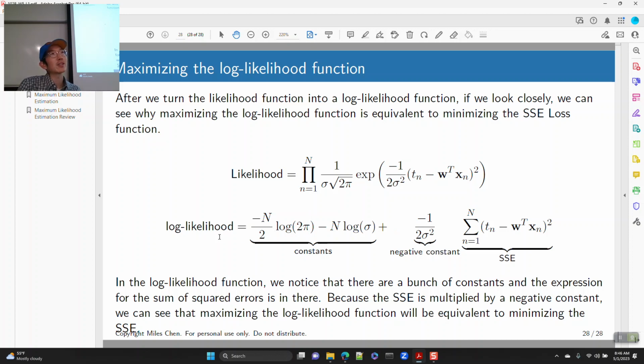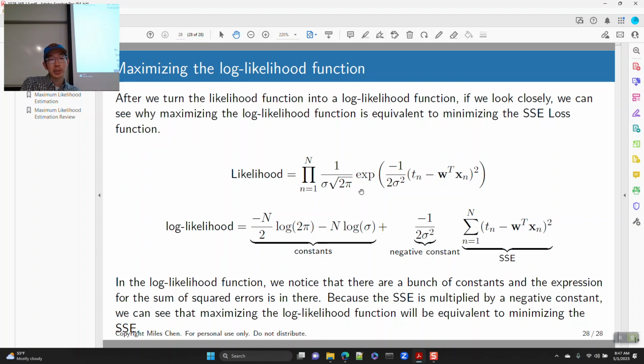So maximizing the likelihood function, or in this case the log likelihood, is exactly the same as minimizing this quantity, the sum of squared errors. This only works out because we have this term up here, which is part of the normal distribution.